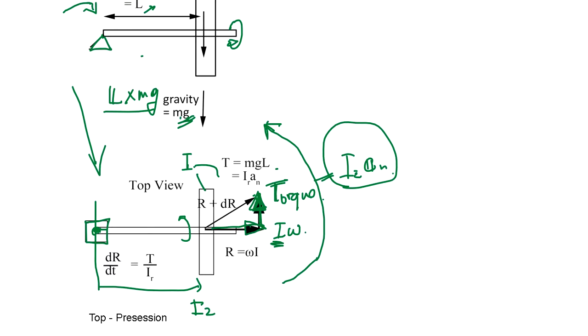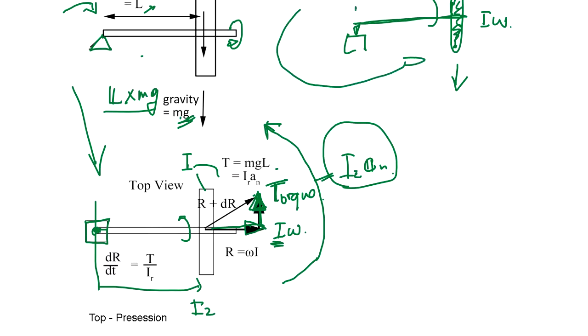So when you put something spinning with a large moment of inertia, gravity doesn't make this fall. Instead, it's going to circle around this point.